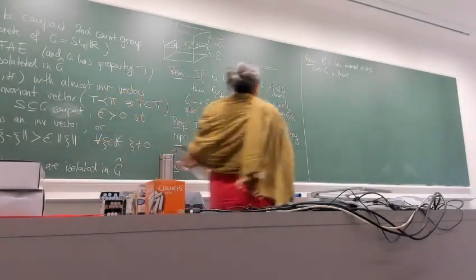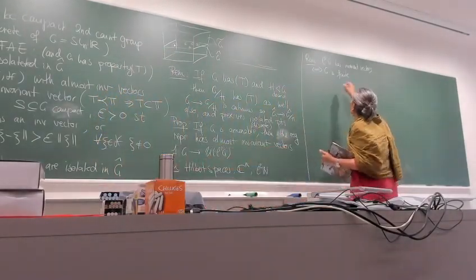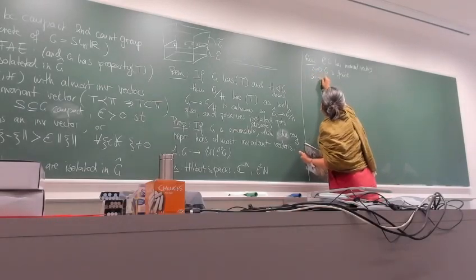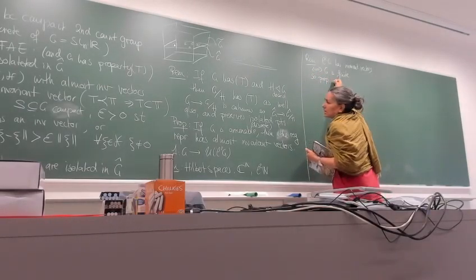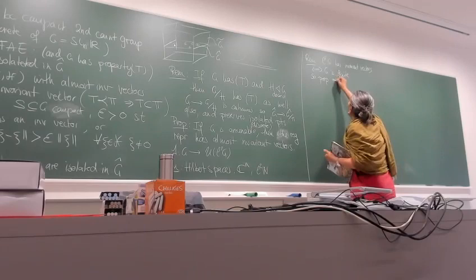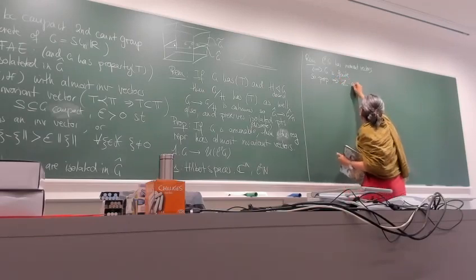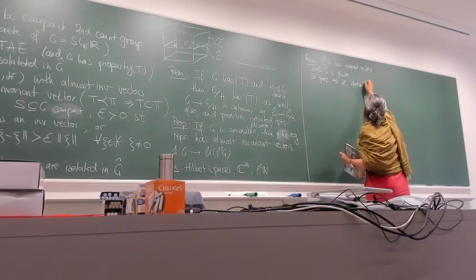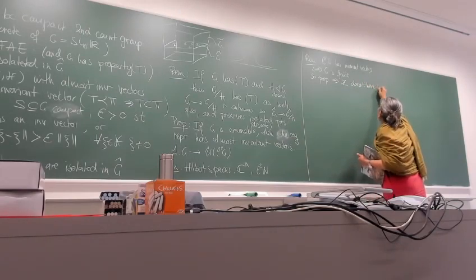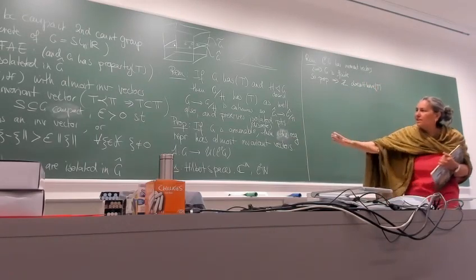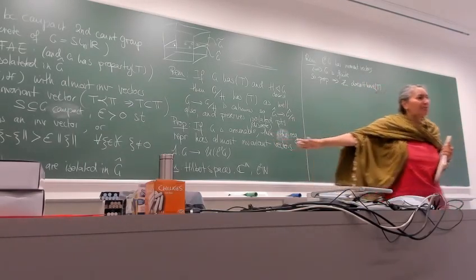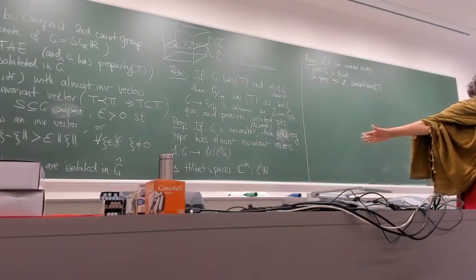Okay, so now you're going to combine this proposition with this remark. The proposition implies that Z doesn't have property T, because Z is amenable. I haven't recalled to you what amenable is, but I'll do it right now.